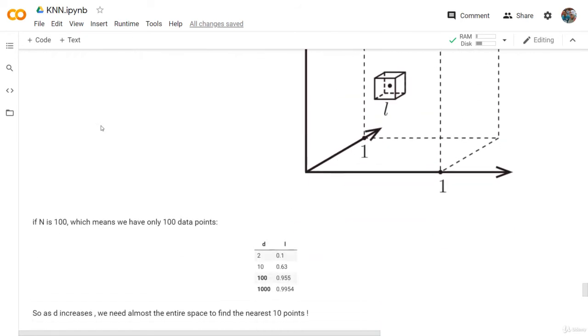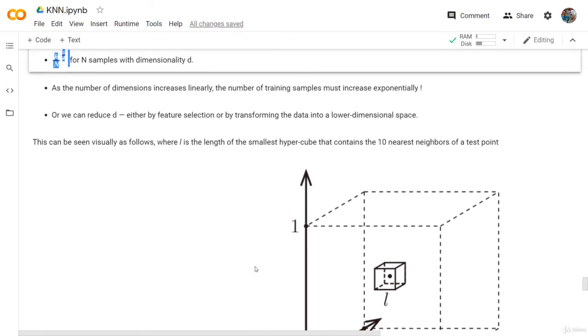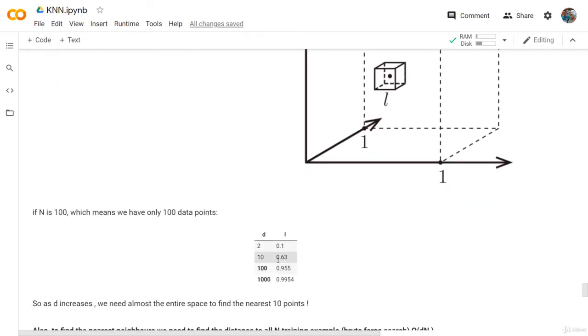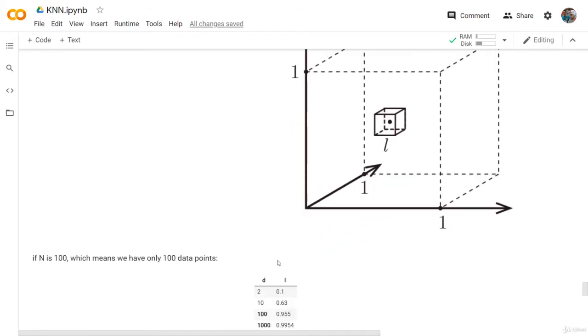Now, if we increase d to 10, so we have 10 dimensions, then the length of this hypercube will be 0.63, or 63% of your whole space. So you need to search in 63% of your space, which is very, very large, in order to get the 10 nearest neighbors.